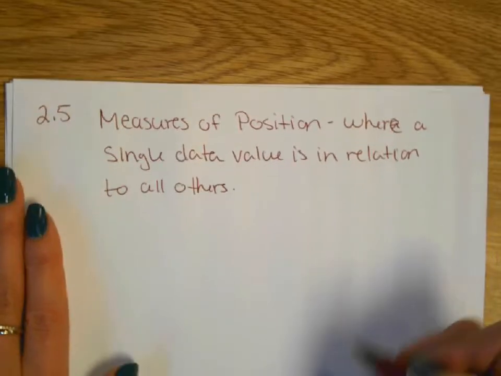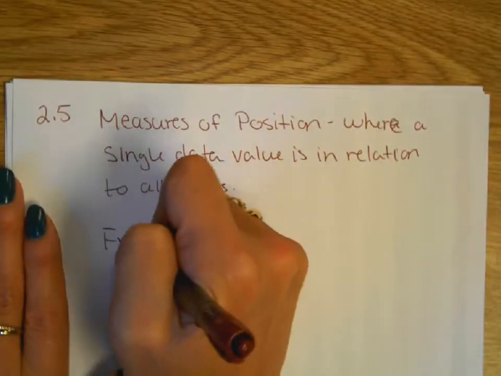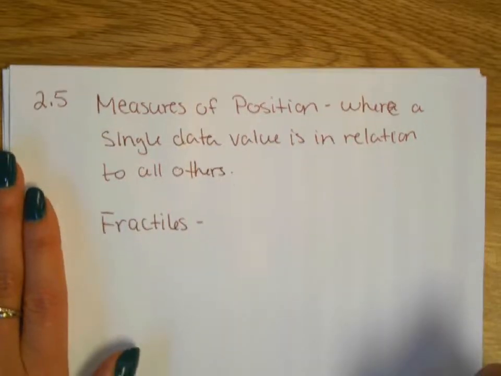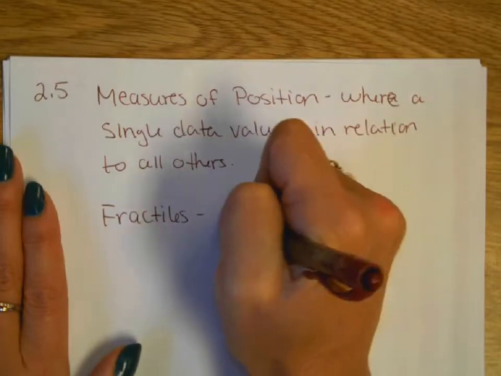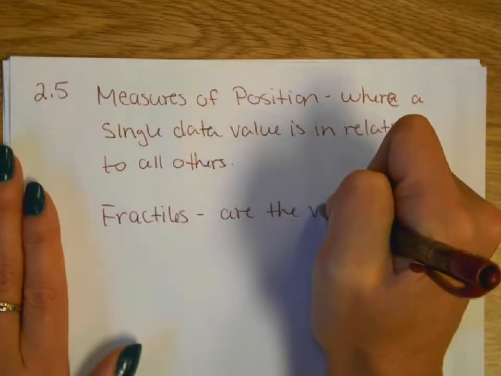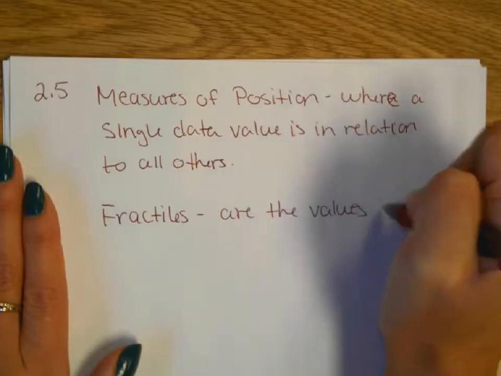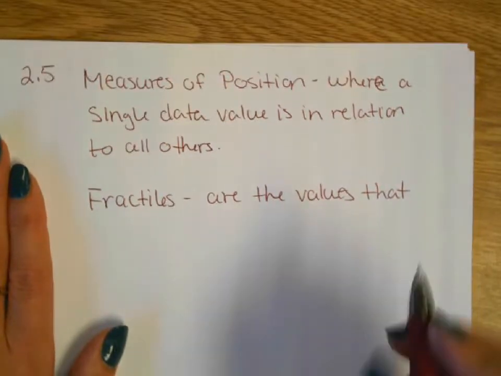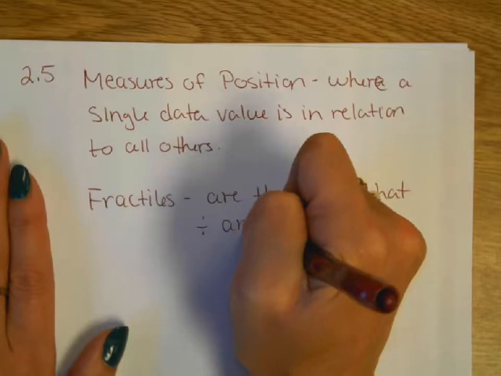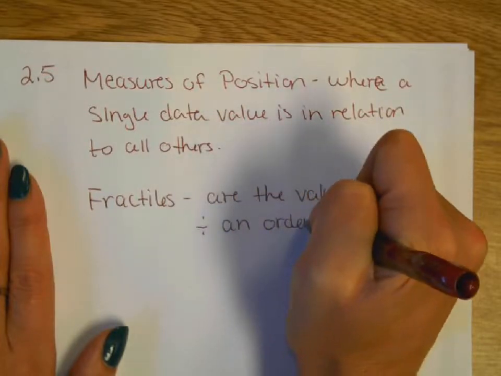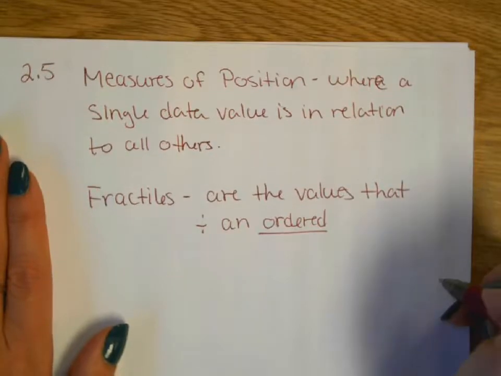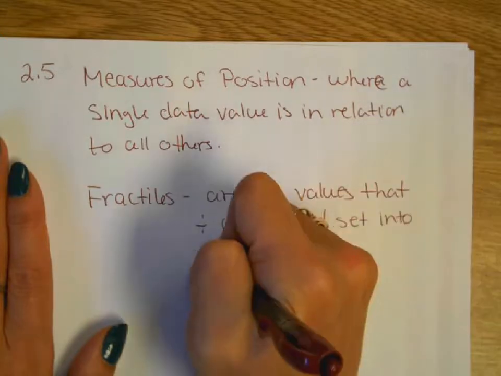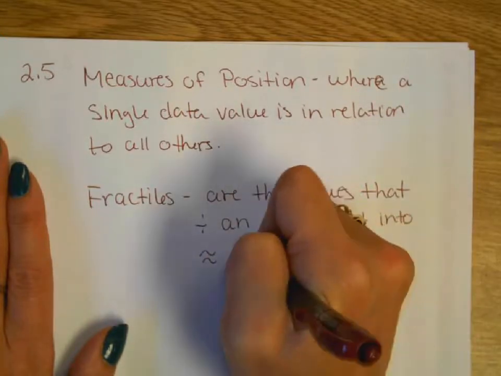Okay. These are called fractiles. And what a fractile does, fractiles are the values that divide an ordered set, so smallest to largest, into approximately equal parts.